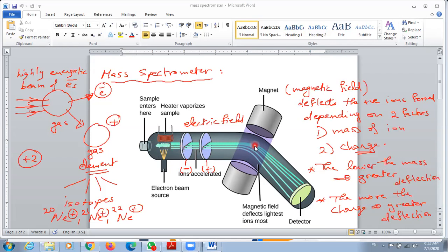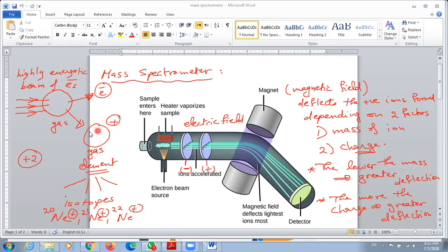This acceleration will not take place unless we encourage them to go inside. So how do we encourage them? We encourage them by forming positive ions and then subjecting them to an electric field in order to accelerate their movement. What will make them be accelerated inside the mass spectrometer is that they are forming a positive charge.